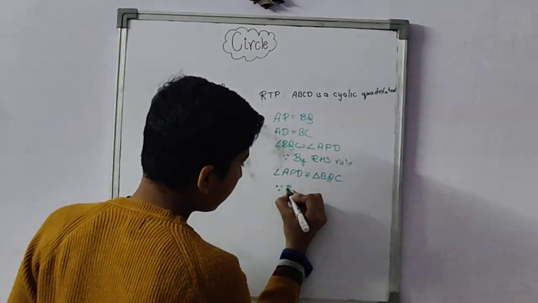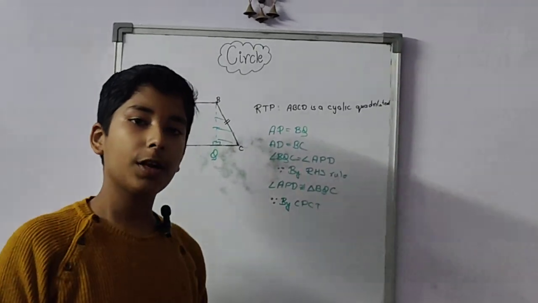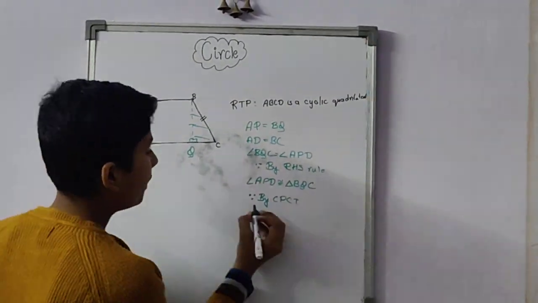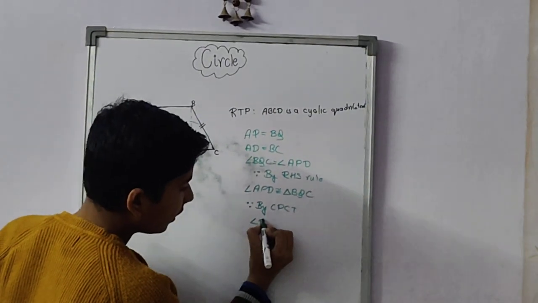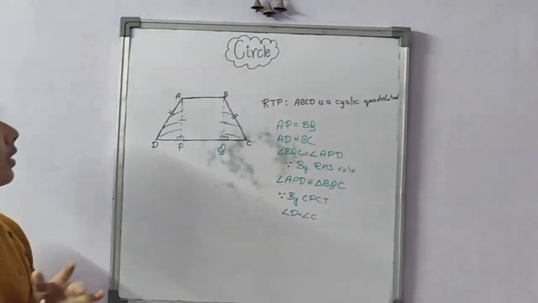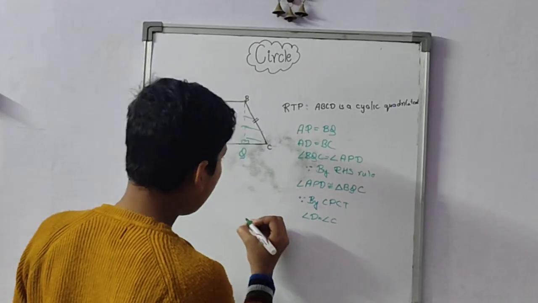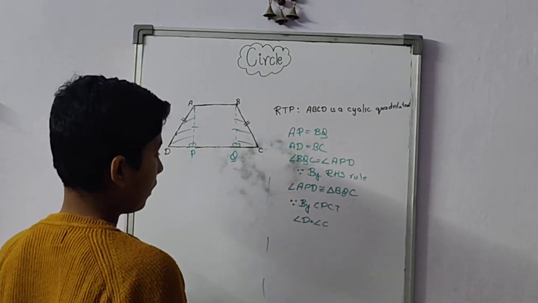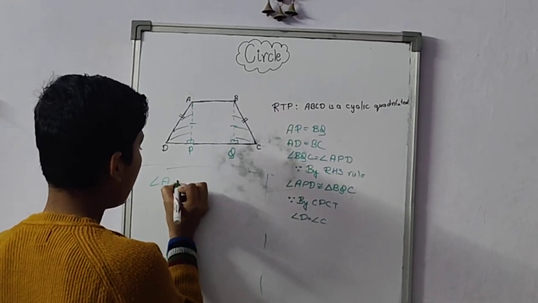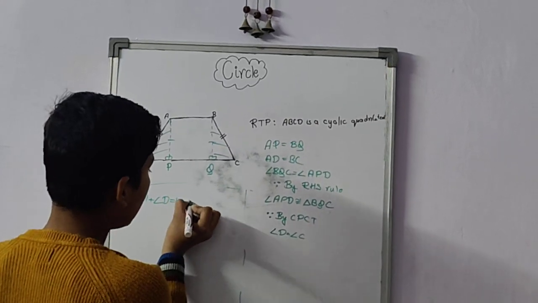Now by CPCT, see, therefore by CPCT, corresponding part of congruent triangle, angle D equal to angle C. Okay. Now since these lines are parallel, we can say that angle A plus angle D equal to 180 degree.